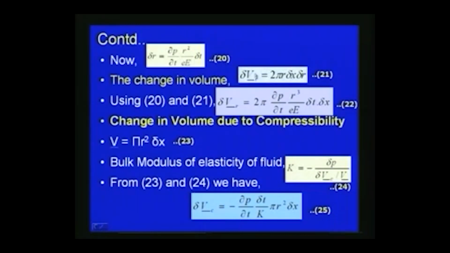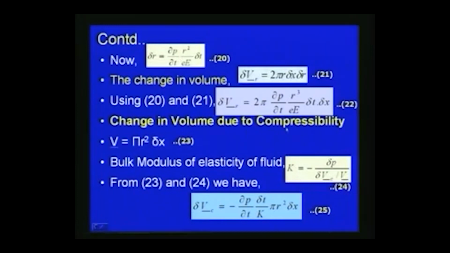So, the change in volume delta V under bar R is equal to 2 pi R into delta x into delta R as in equation number 21. So, now using equations 20 and 21, we get delta V R is equal to 2 pi into del P by del t into R cube by e into E into delta t delta x as in equation number 22.